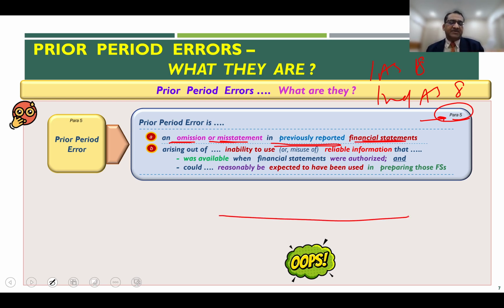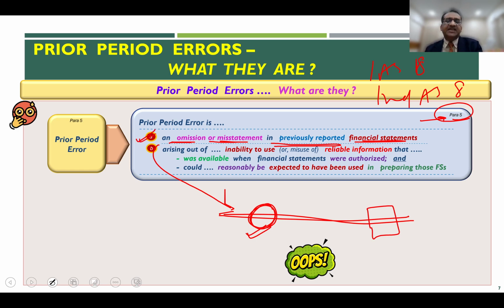So the example which I gave from a timeline perspective: if you have issued a financial statement at this point in time, and there is an omission or a misstatement in this issued financial statement that you subsequently identify, this falls within the first leg of the definition of prior period error.